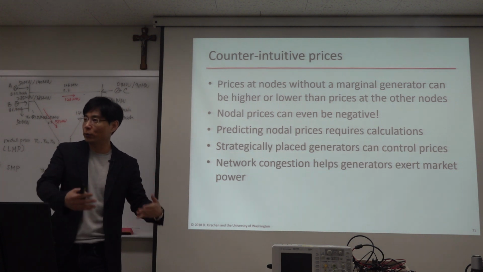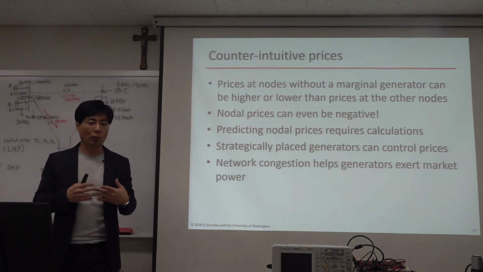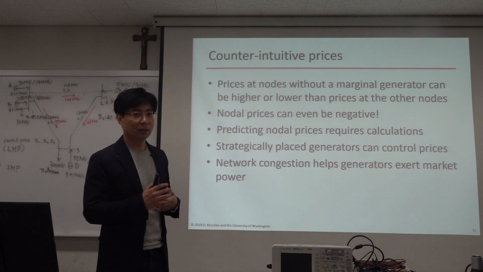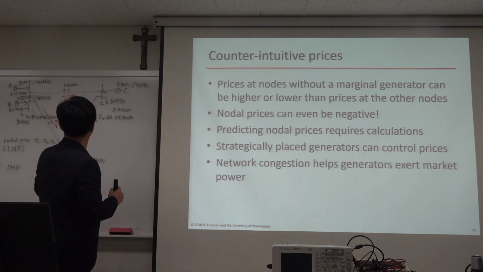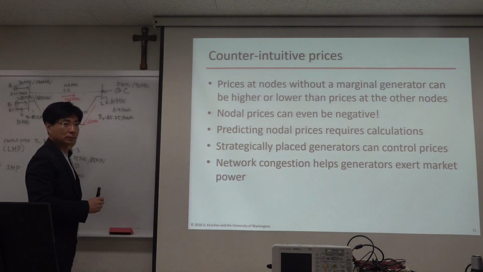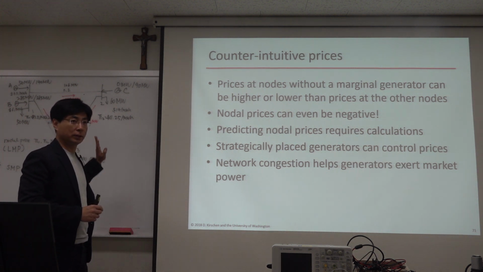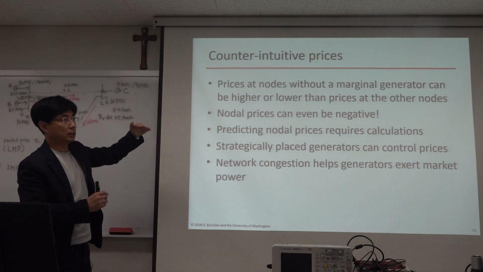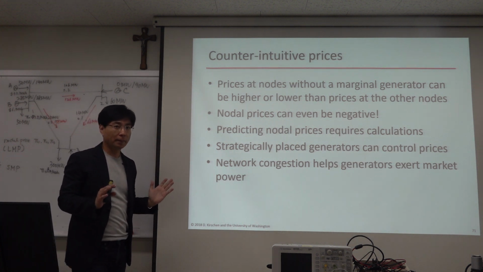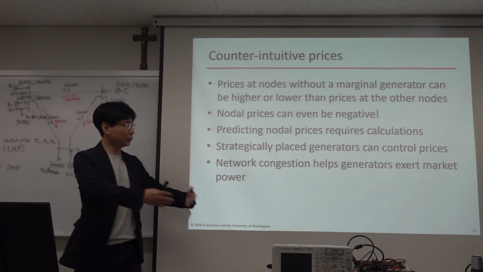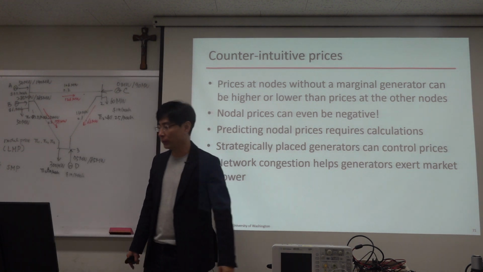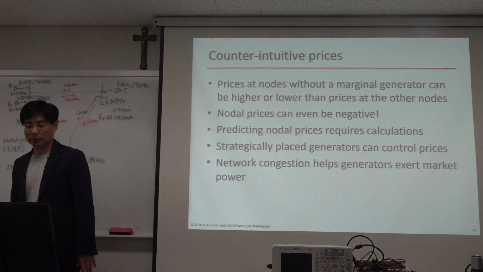Why is it? Because by doing that, you can contribute to making the system secure. The transmission line capacity limits are satisfied. So that's why you can get paid even if you consume some energy. So yes, nodal price can be negative. Do your homework.